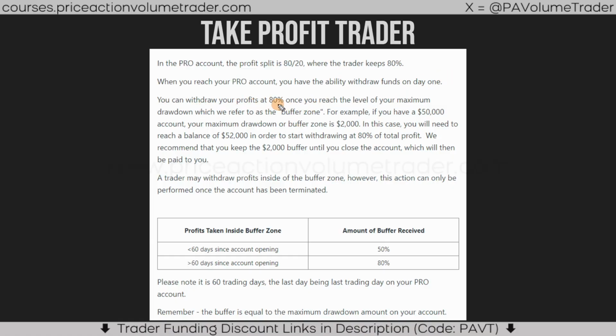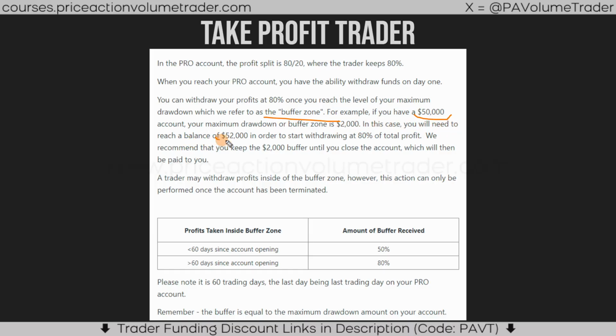Okay, you can withdraw profits at 80% once you reach the level of maximum drawdown, which we refer to as the buffer zone. So just like TradeDay, once your account's maximum drawdown reaches your initial account balance, you can start taking profits at the 80% split. Okay, so if you have a $50,000 account, you have a $2,000 maximum drawdown.